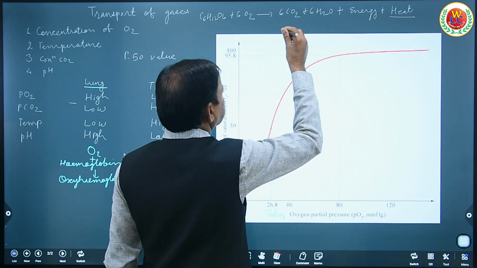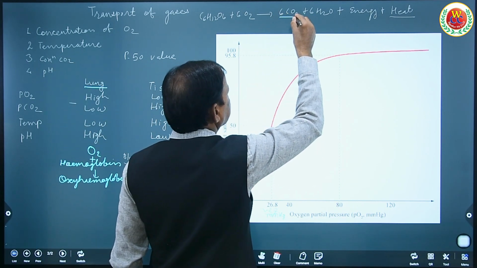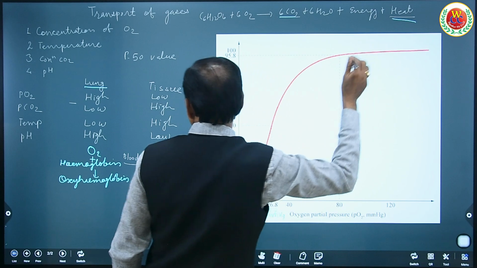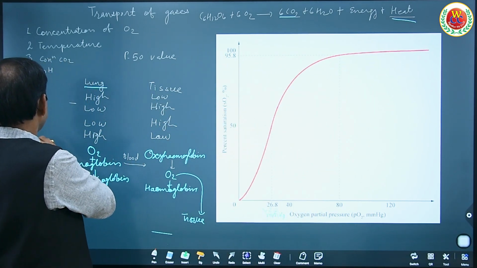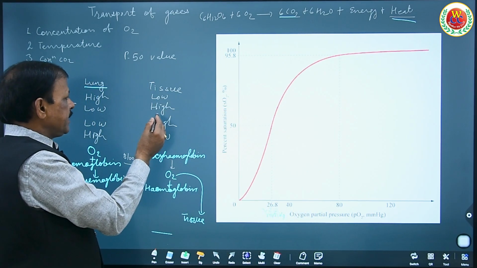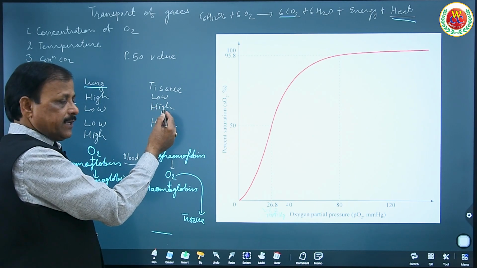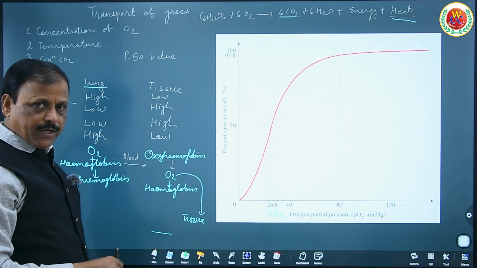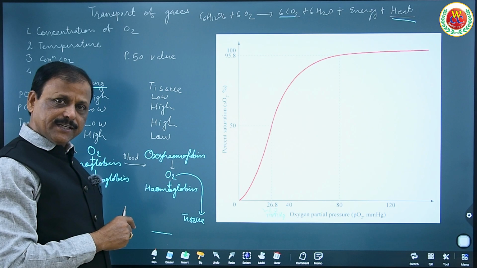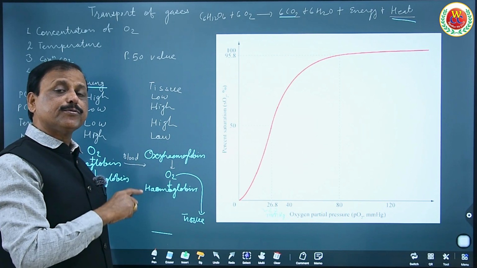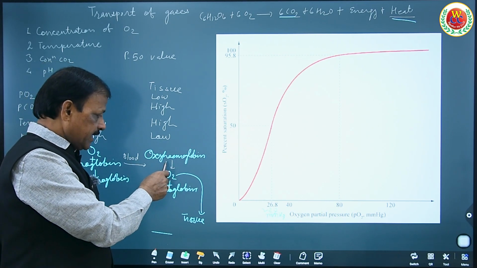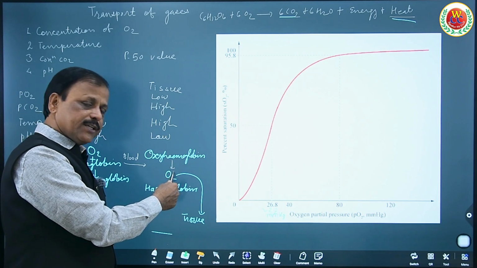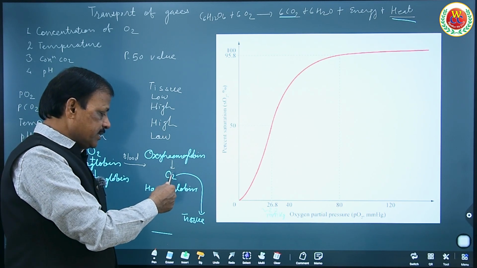So the byproducts of respiration are CO2 and heat energy. Therefore, at the site of tissue, temperature is always high and the concentration of CO2 is high. Therefore, the affinity of hemoglobin for oxygen decreases.